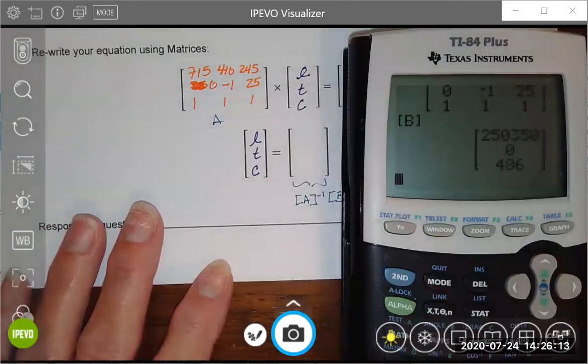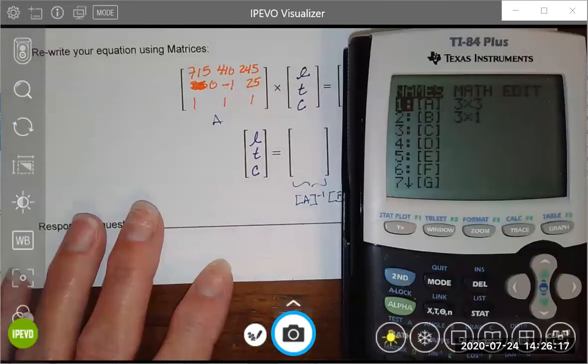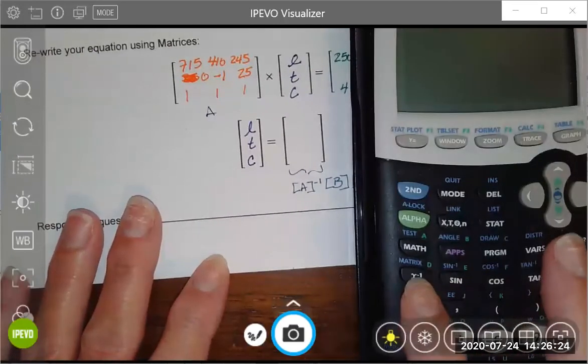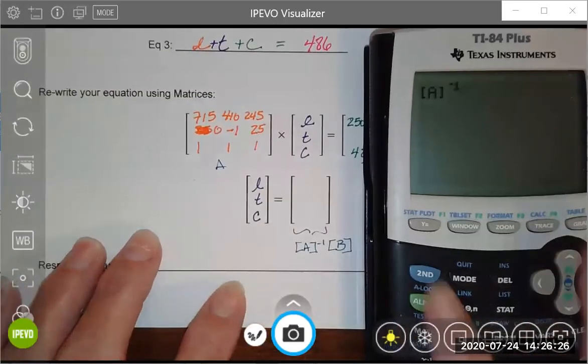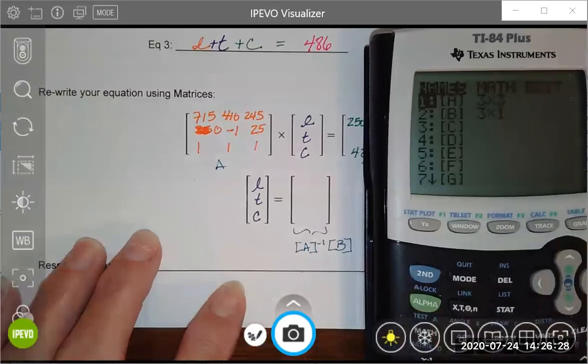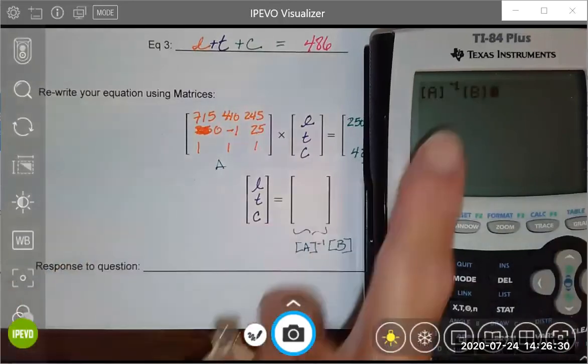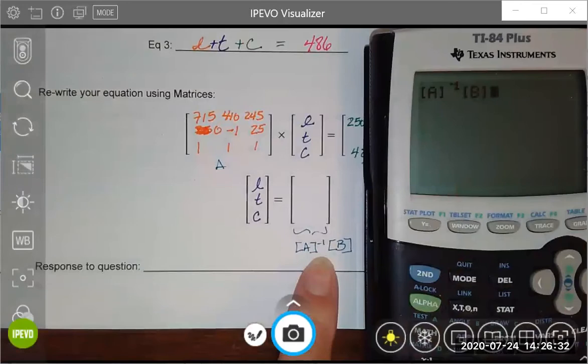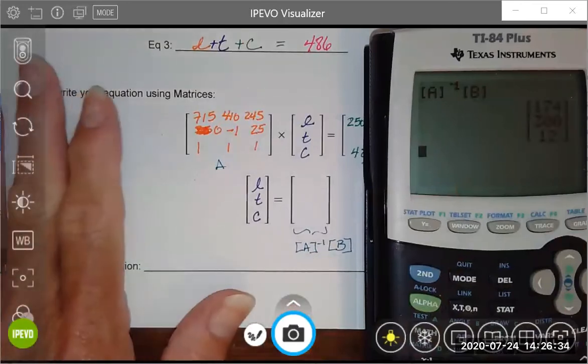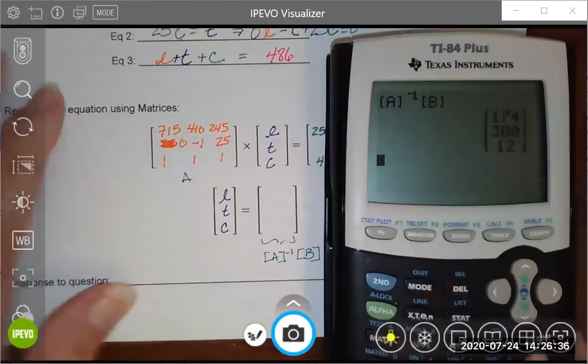But once I have verified that they're correct, I'm going to take my matrix A, take the inverse by typing that inverse button, and then multiply it by matrix B. Again, what you see on your screen here should mimic this formula. And when I hit enter, it does all the work for me.